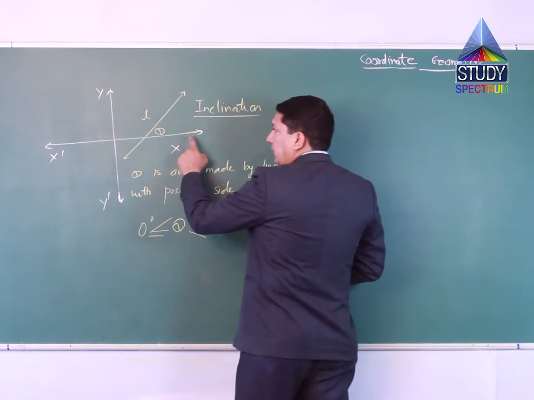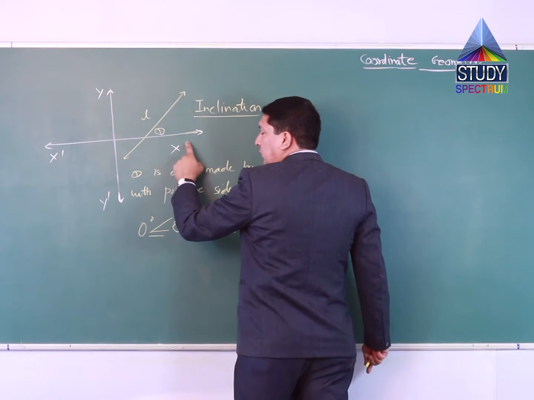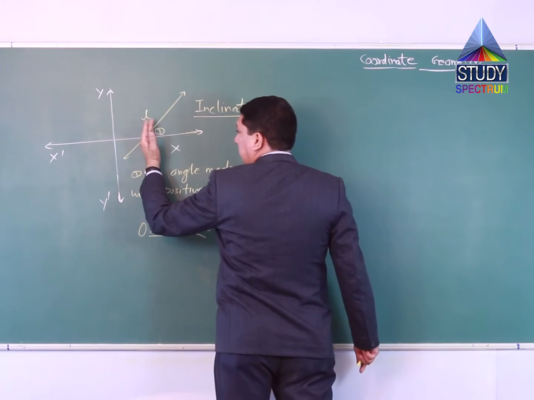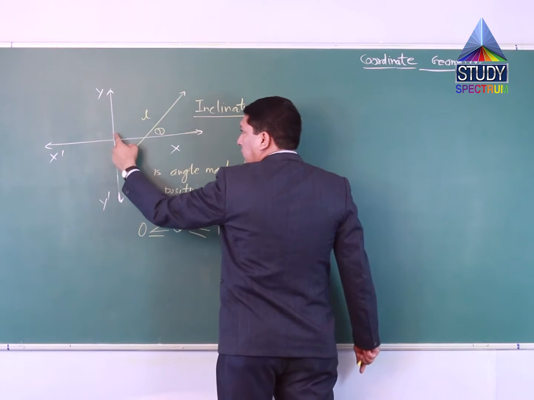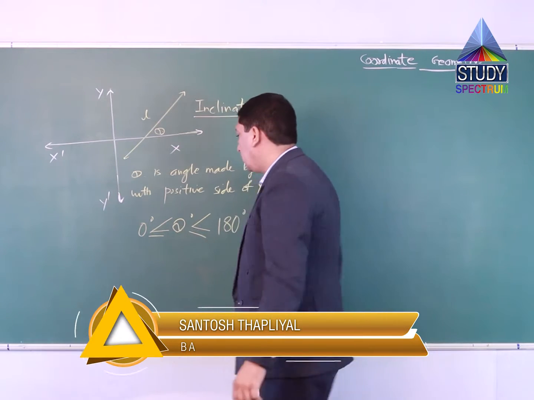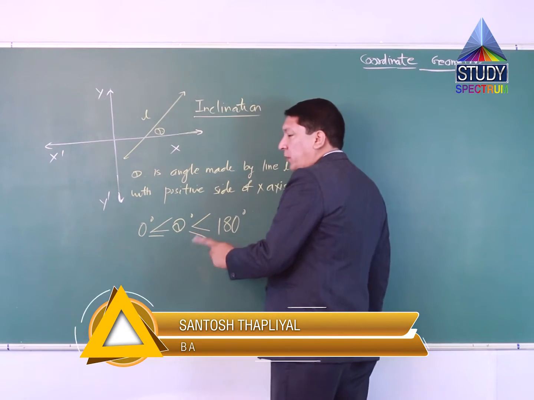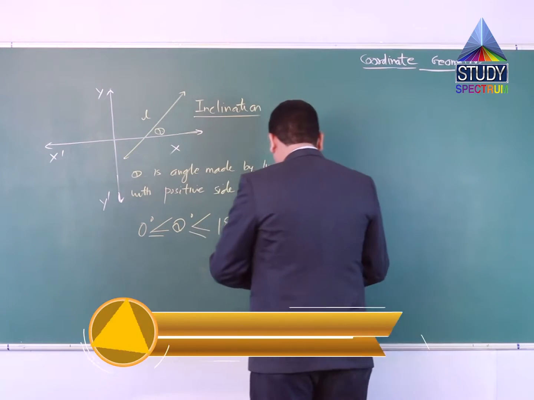Like over here, the x-axis makes a 0 degree angle because there is no inclination. The y-axis makes a 90 degree angle because it is perpendicular. So the value of theta will always be between 0 degrees and 180 degrees. Clear? So this is about inclination.